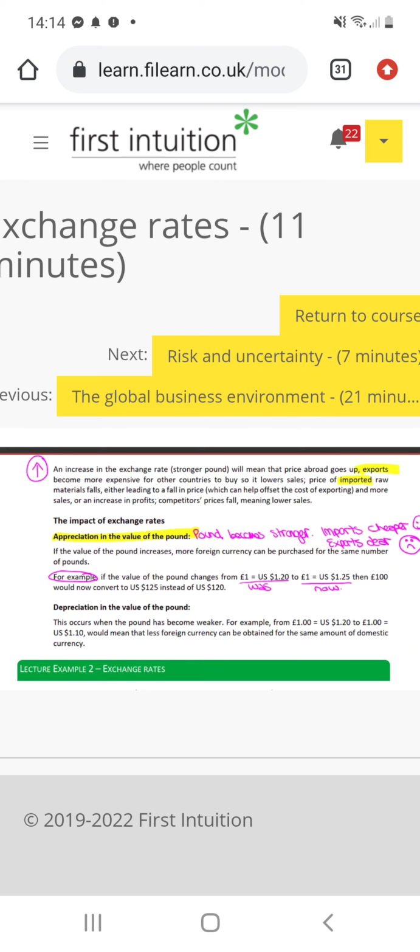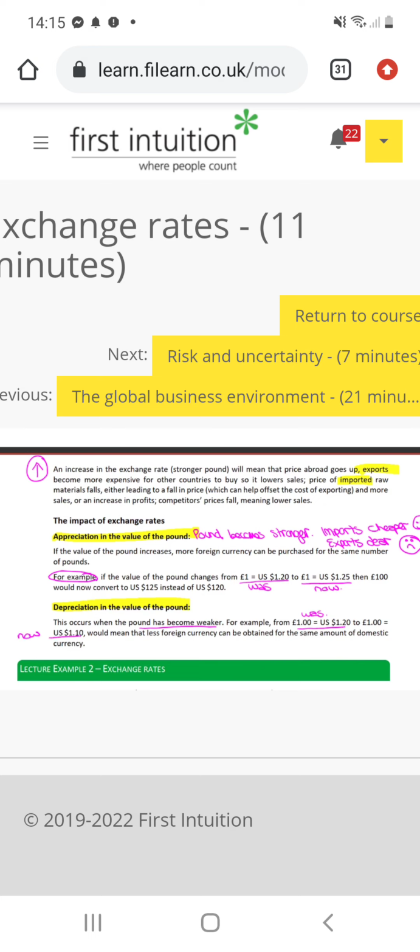Let's go back to our notes and look at the depreciation of the pound. This occurs when the pound has become weaker. For example, £1 was $1.20. It's now $1.10.